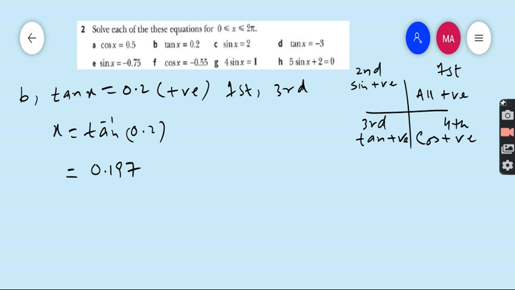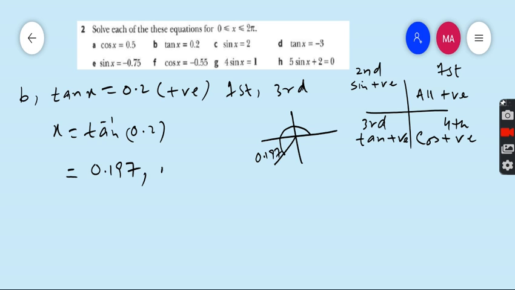And how do we find the value in the third quadrant? This is the first quadrant, where the value of x is 0.197, and tan is also positive in the third quadrant. So this is pi, and this is your base angle, 0.197.